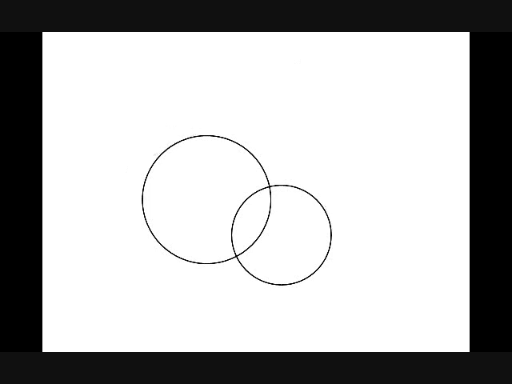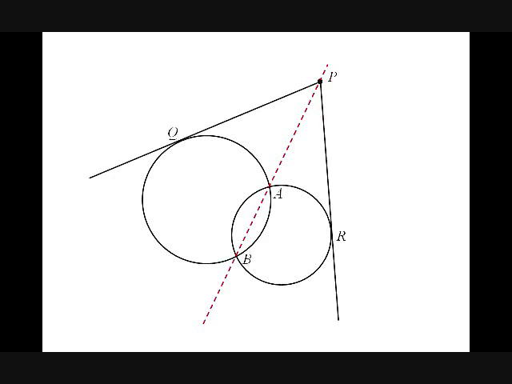Let's draw this line through the intersection points here of the two circles. If I pick my point P on this line and draw my external tangents, let's label the points like this, I can use my fascinating equation we came up with earlier, the fact that PQ squared is equal to PA times PB if you look at the circle on the left.